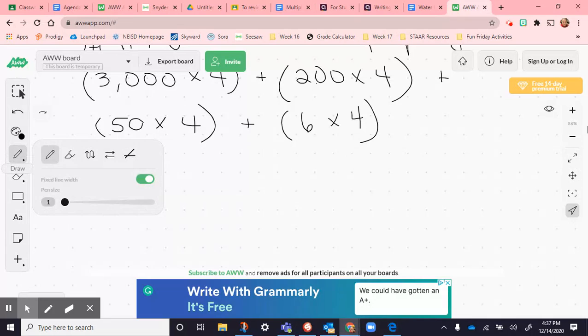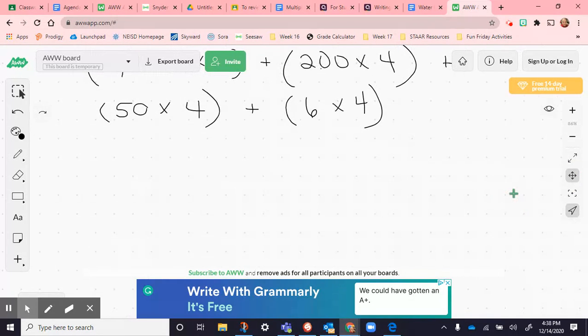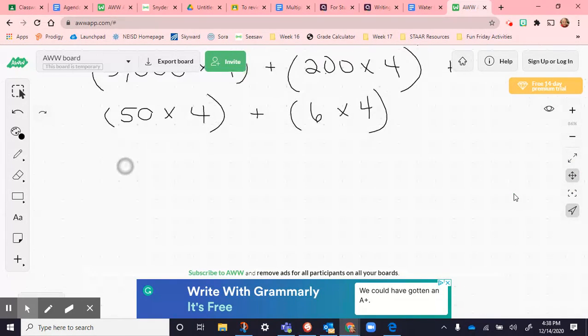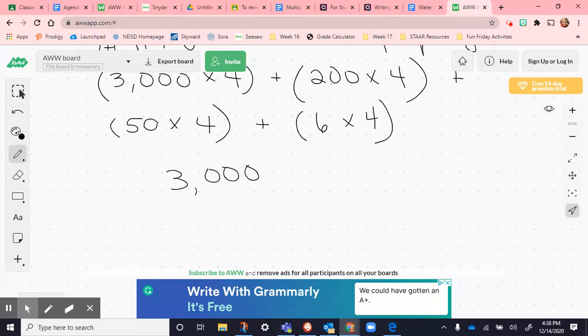When I multiply that out, that is going to give me my partial products. So 3 times 4,000, and I'm actually going to represent this in a box. So I'm going to put my 3,000. I like this box because it keeps everything together.